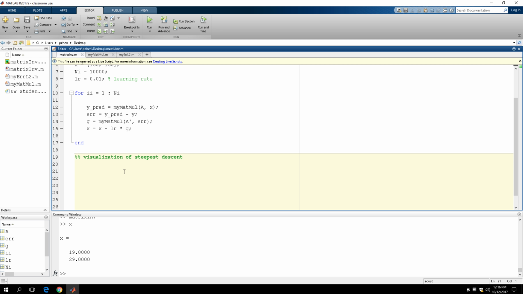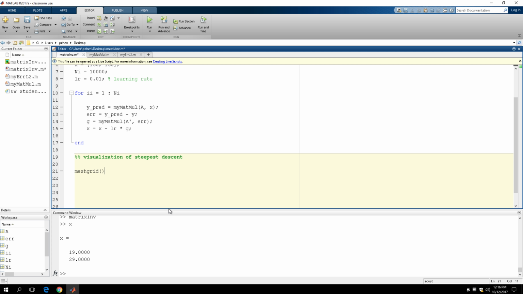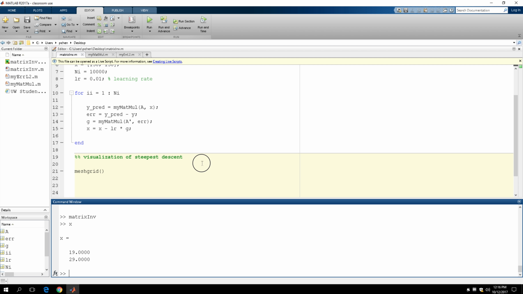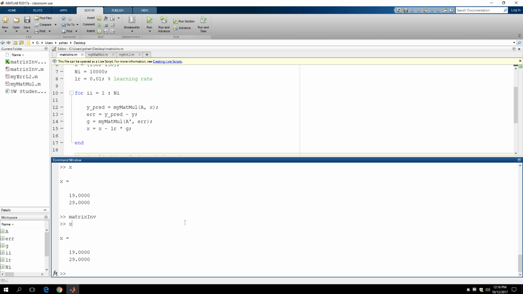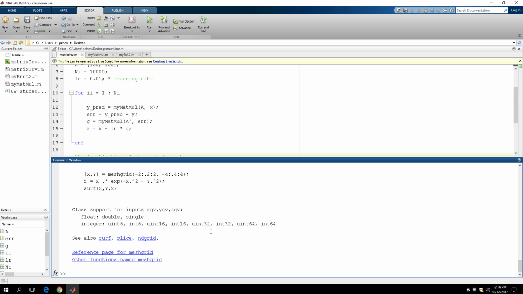There's a special function called meshgrid. It's a function that allows us to create a two-dimensional mesh by using one-dimensional coordinates, right? So suppose you haven't used meshgrid before, help meshgrid is going to tell you how to use this particular function.